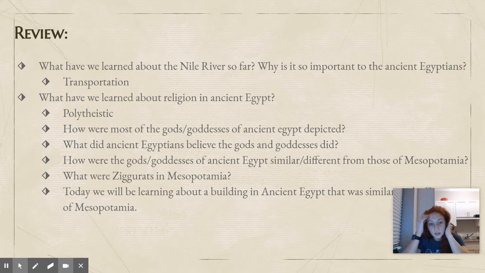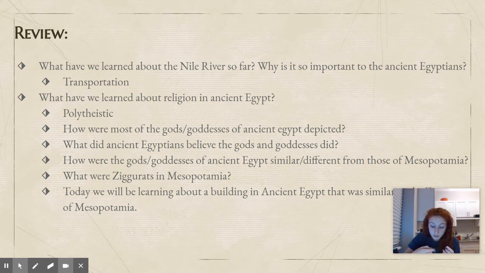What did the ancient Egyptians believe that those gods and goddesses did? What did they think they did? They believed that they controlled things like the weather, the sun, the crops, right? And how was that similar or different from the gods and goddesses in Mesopotamia?